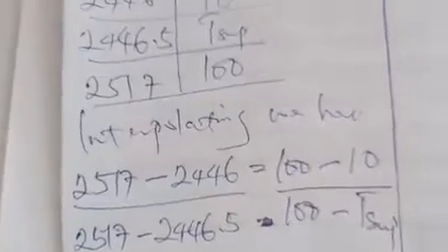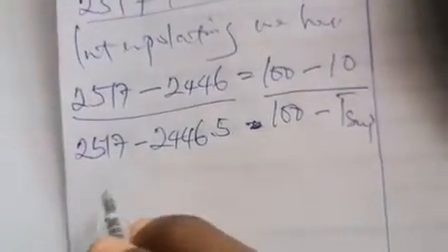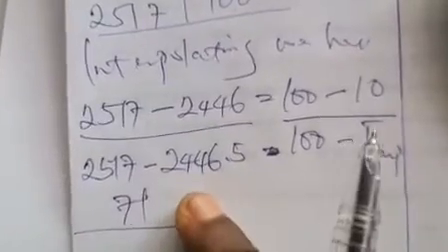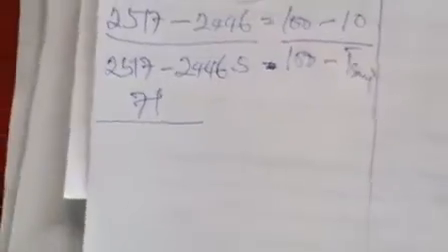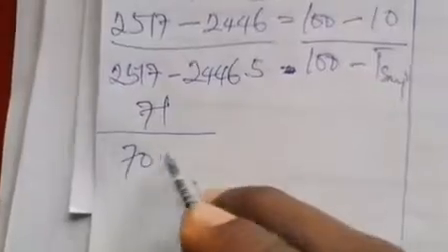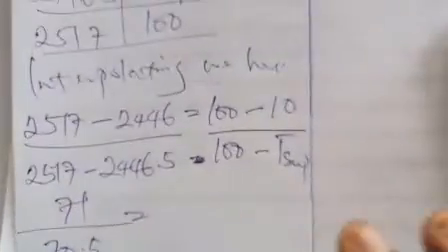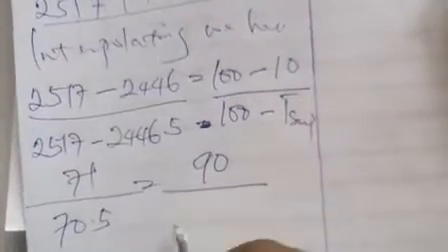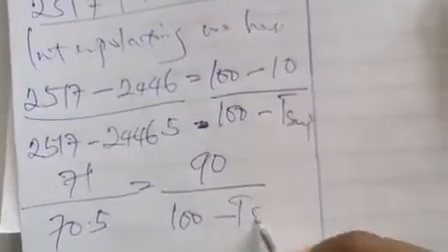That gives us 71 all over 2517 minus 2446.5, that gives us 70.5. This is now equal to 100 minus 10, which is simply 90, all over 100 minus T superheated.